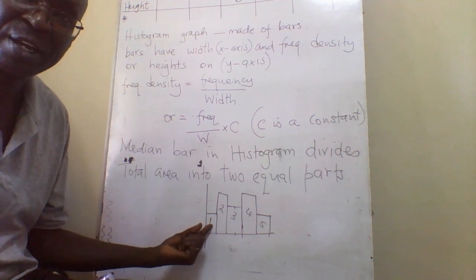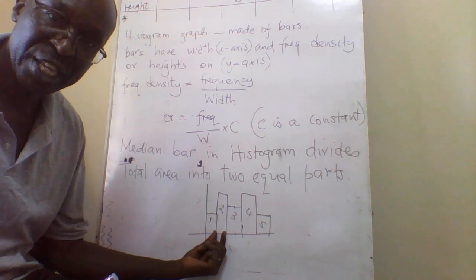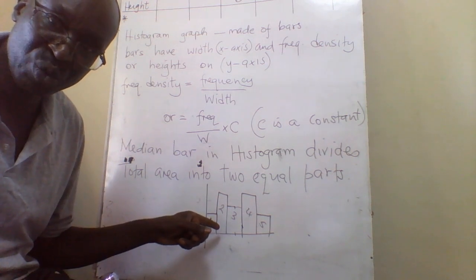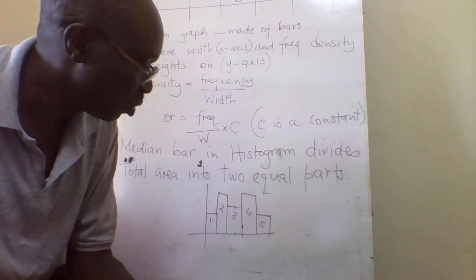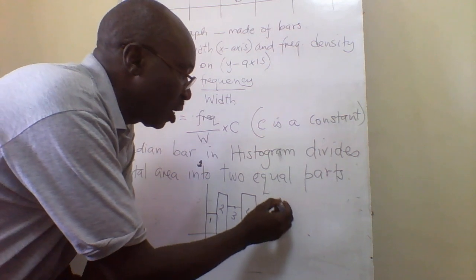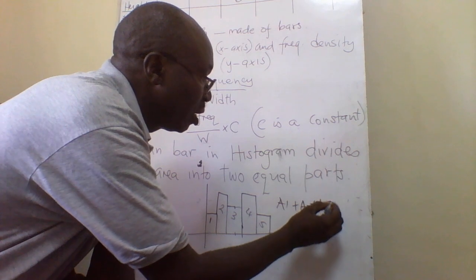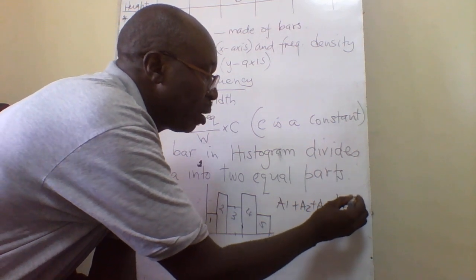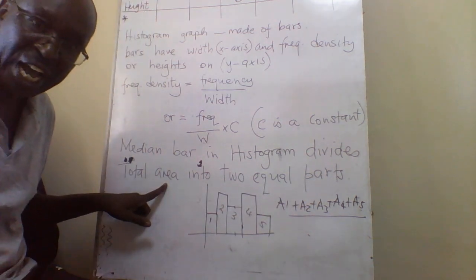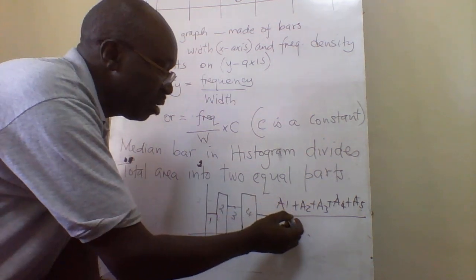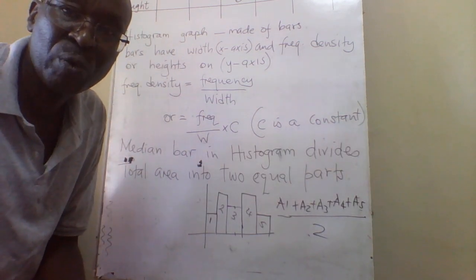You get area 1. Then height 2 times width gives area 2, and so on until area 5. So area 1 plus area 2 plus area 3 plus area 4 plus area 5 is what I call the total area. Then you divide by 2.